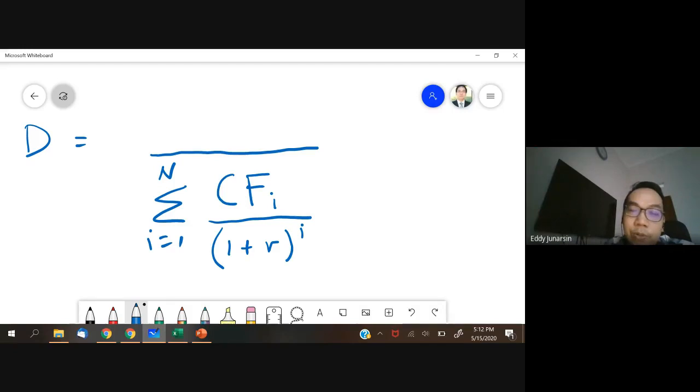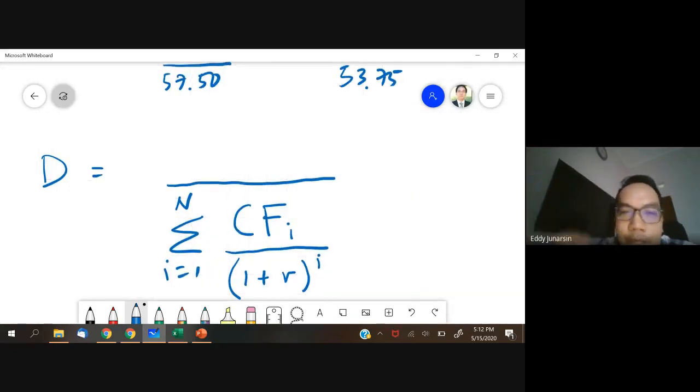Future cash flows are discounted back at the existing interest rate, and then you sum them together. So what about the numerator? It is actually quite similar. We have cash flows: number one, number two, number three, number four, number five, and so forth.